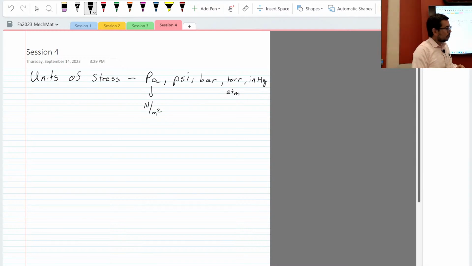So, the simplest case that we will deal with is axial loading and axial stresses or normal stresses in a bar. Those are the simplest cases.